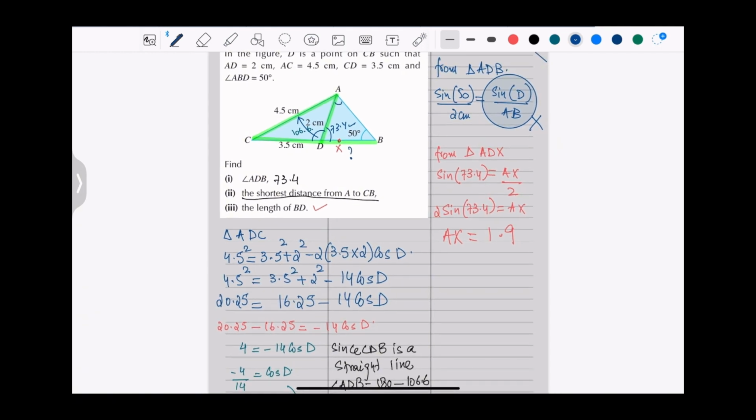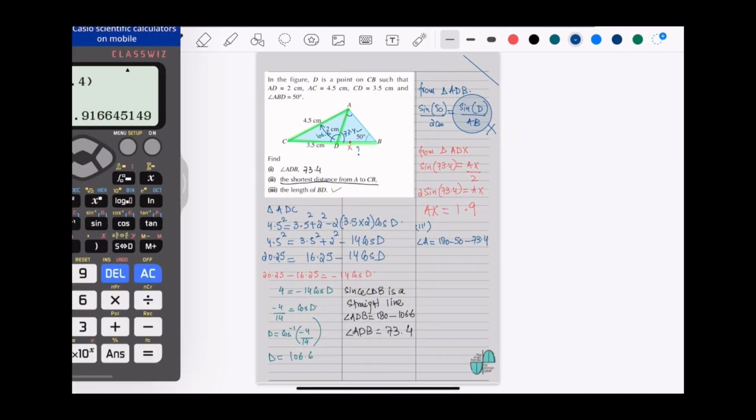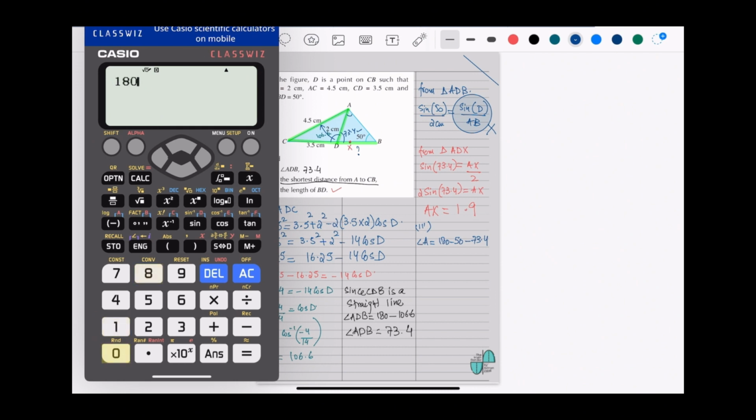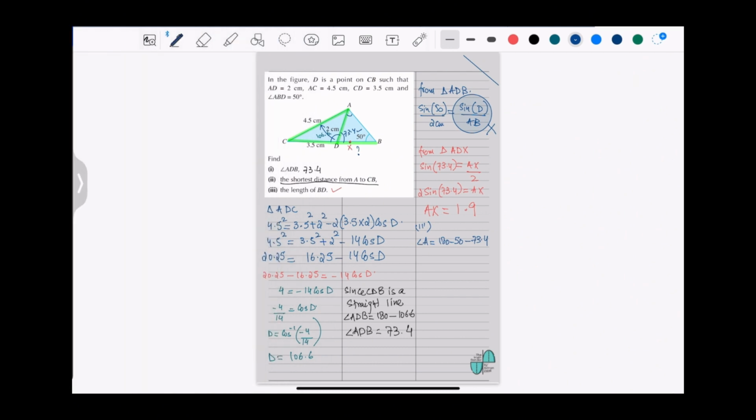I'll write part 3. Angle A is going to be 180 minus 50 minus 73.4. So 56.6.